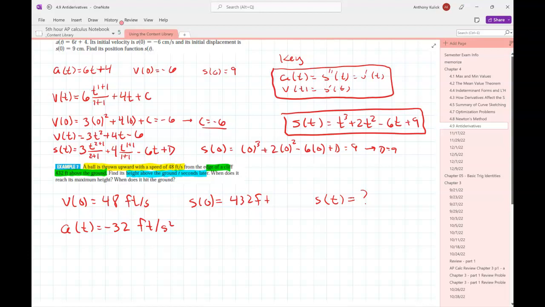Anyways, we're going to go ahead and anti-differentiate. I'm going to solve for c, excuse me. So I know c is just 48.